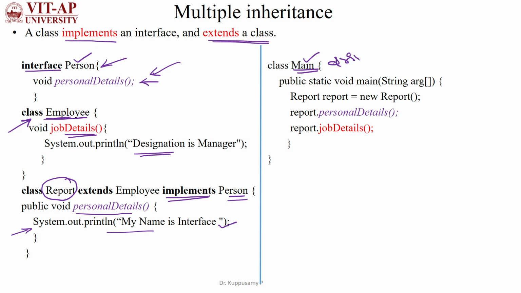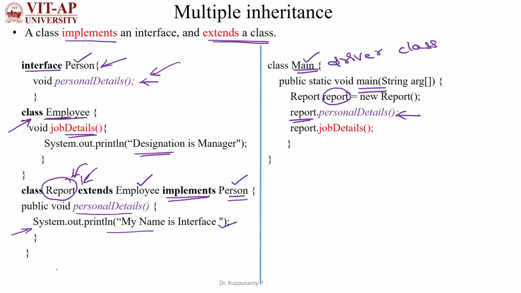Okay, the driver class is the class which has the main method. Here I am creating the object by using the class name Report. Only then can I access the class Employee and the features of the Person interface. So through this I am trying to access the personal details by using the object of the class Report.